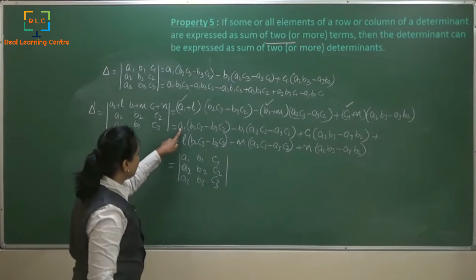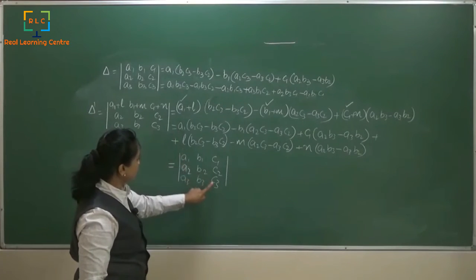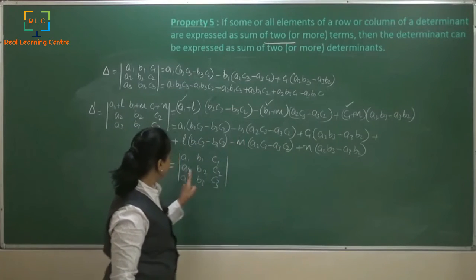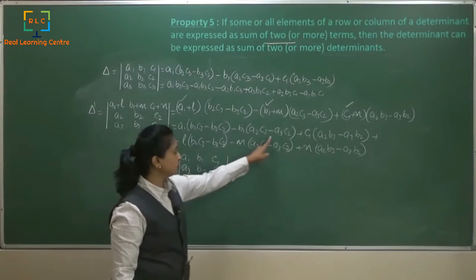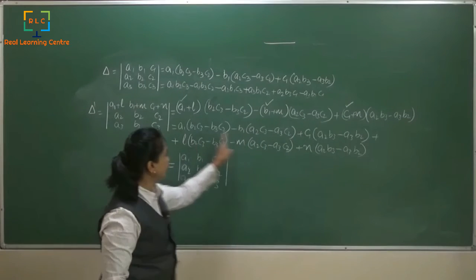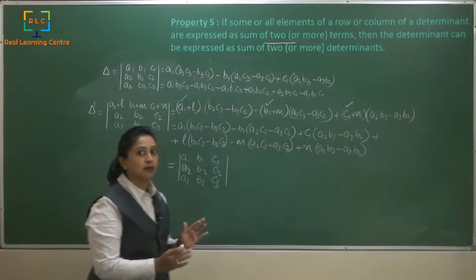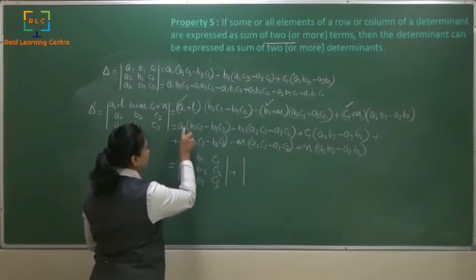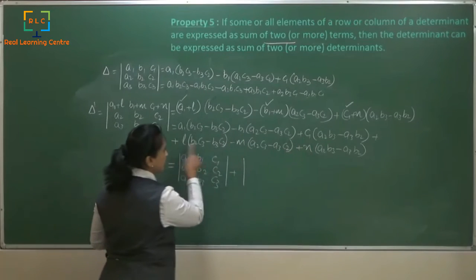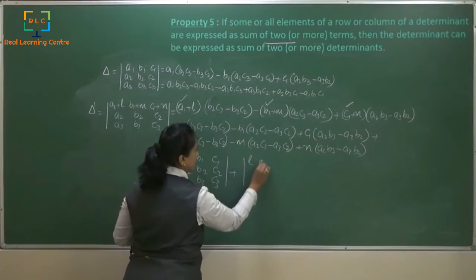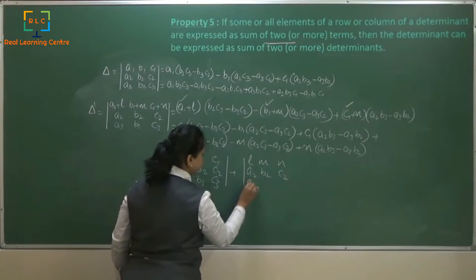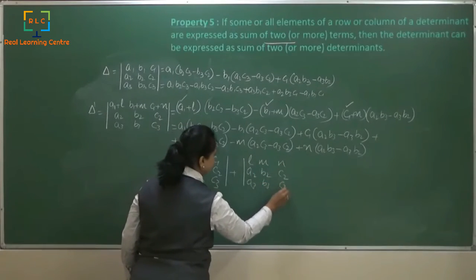Let me check. A1 into B2 C3 minus B3 C2 you have got here. Then minus B1 into A2 C3 minus A3 C2 which you have got here. So I have written the first determinant. Now you have the same thing here except that your A1, B1, C1 are replaced by L, M, N, and you have got again A2, B2, C2, A3, B3, C3 here.